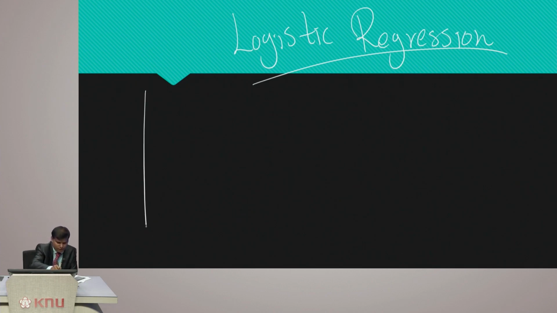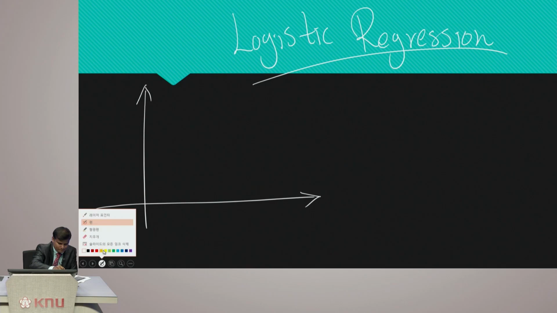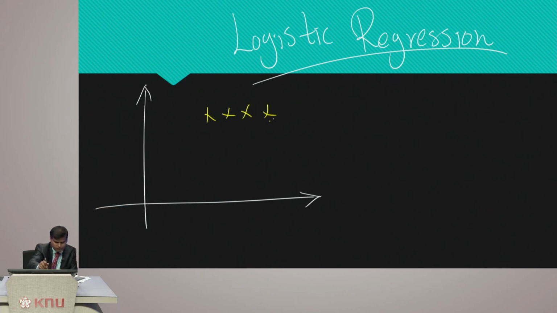Say for example you have this kind of data, and maybe your average value is somewhere here.